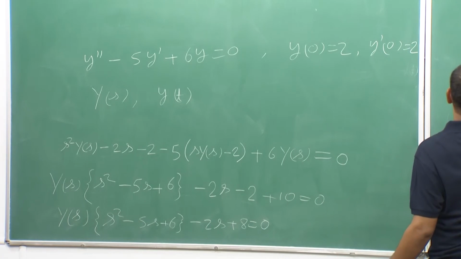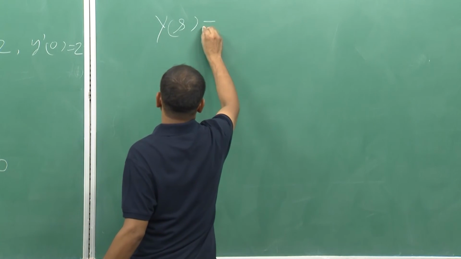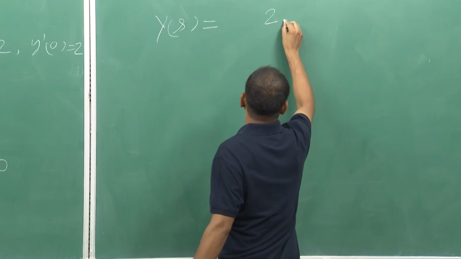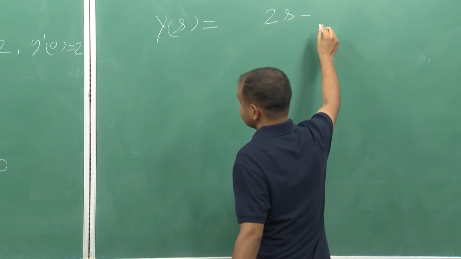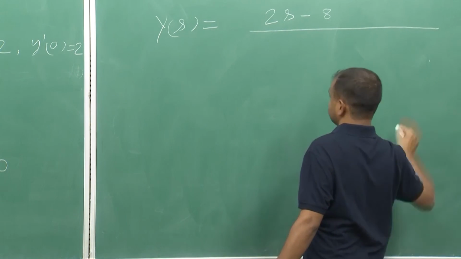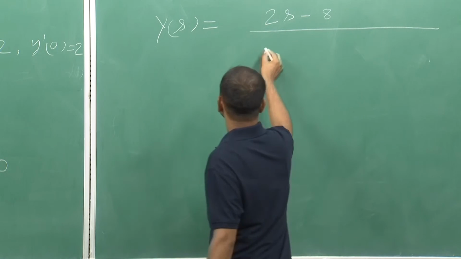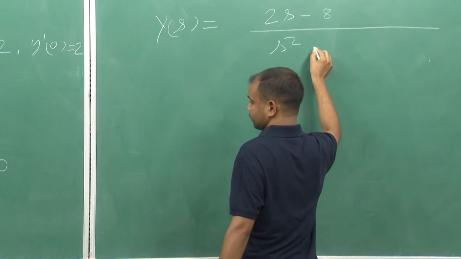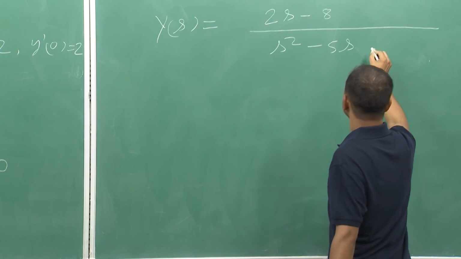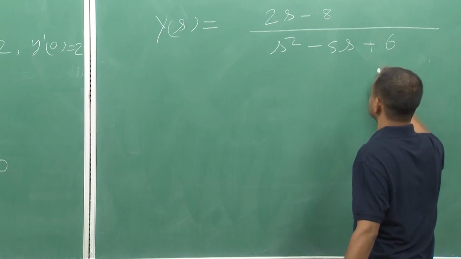So, finally, we can get y of s equal to 2s minus 8 divided by s square minus 5s plus 6.